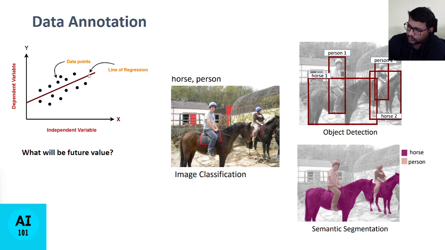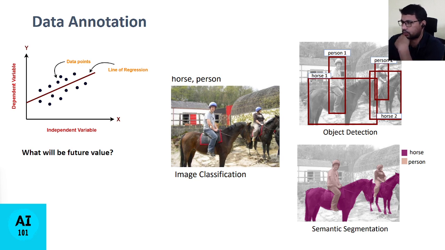So in the label, you need to mention the ground truth for the future values, and during the training, you can differentiate the predicted value and the ground truth.